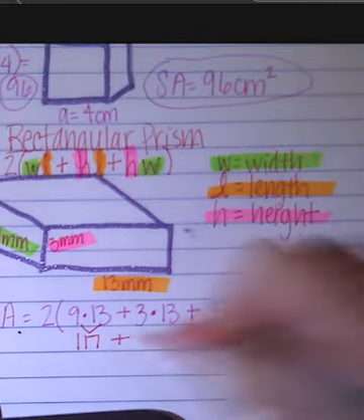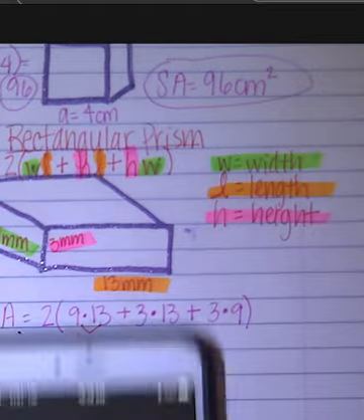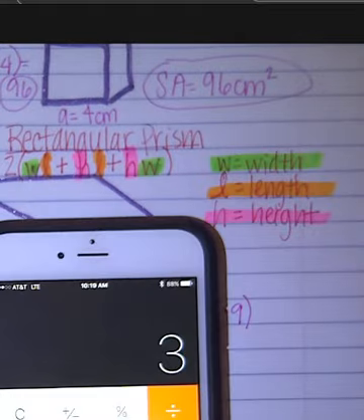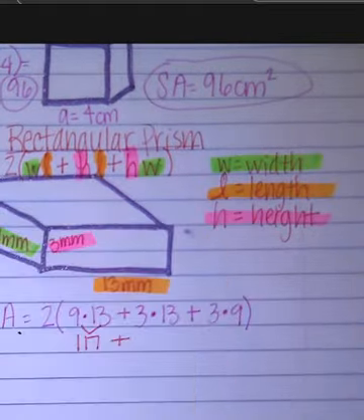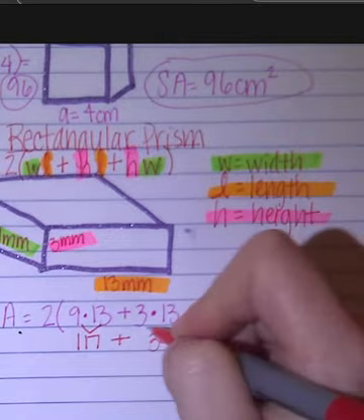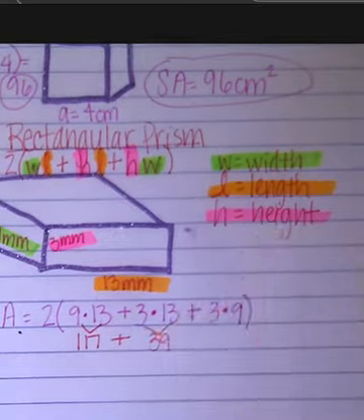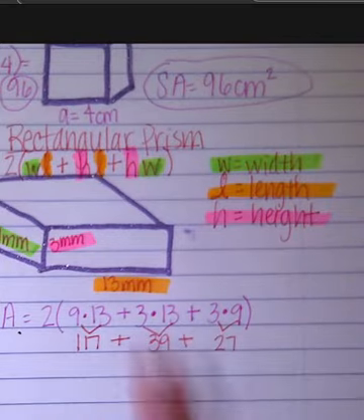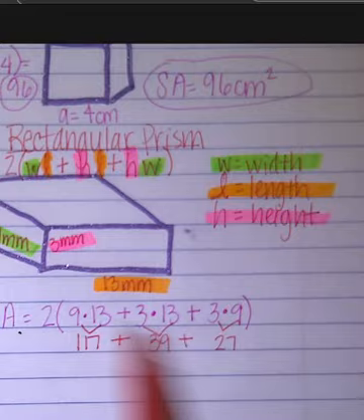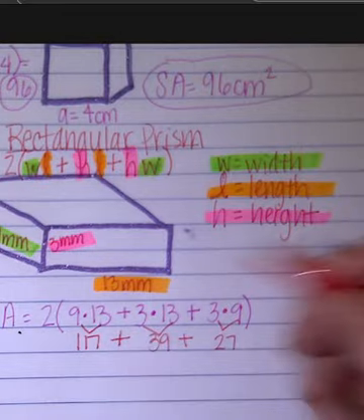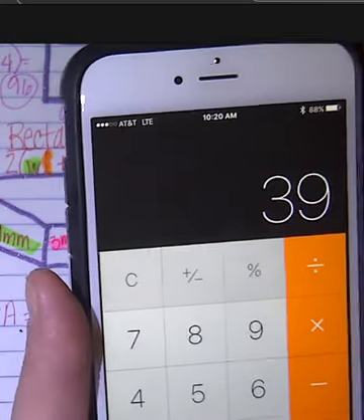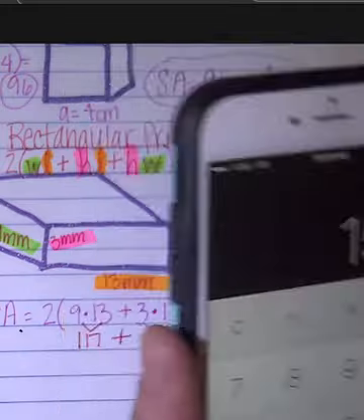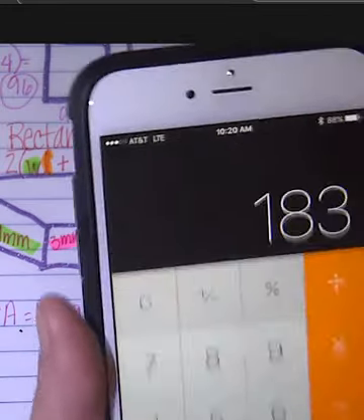Plus 3 times 13 is 39. And 3 times 9, well, that's easy. That's 27. Okay, so now I'm going to add all these together because I'm still inside the parentheses. So I get 117 plus 39 plus 27 is 183.